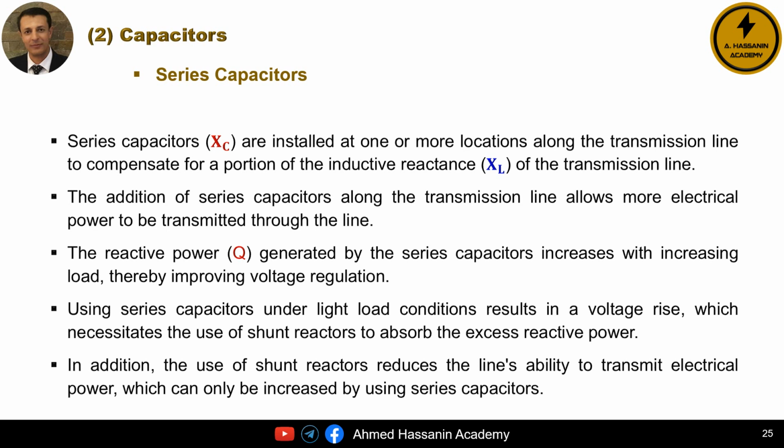Therefore, it is necessary to install shunt reactors alongside them. However, we must understand that the continuous connection and operation of shunt reactors will reduce the capacity of the transmission line to deliver the required electrical power. For this reason, one of the main disadvantages of these series capacitors is that they tend to remain connected continuously.